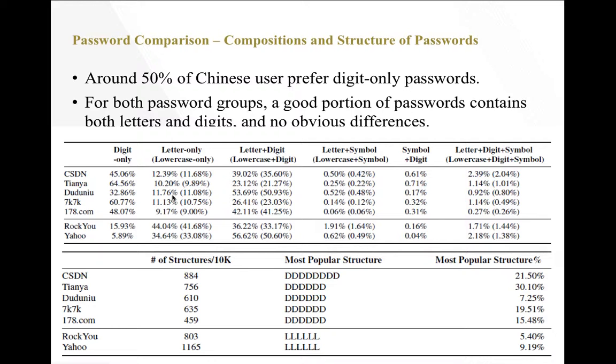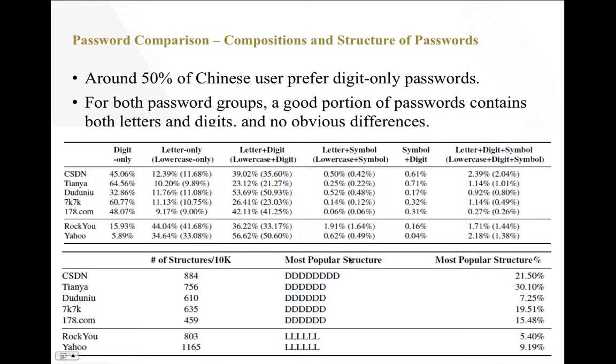On the other hand, for letter-only passwords, English web passwords have about 40%, but for Chinese, it's only about 12%. If we count letter-plus-digit passwords, then we'll see roughly that Chinese and English both have a large portion of passwords, so no obvious differences among them.